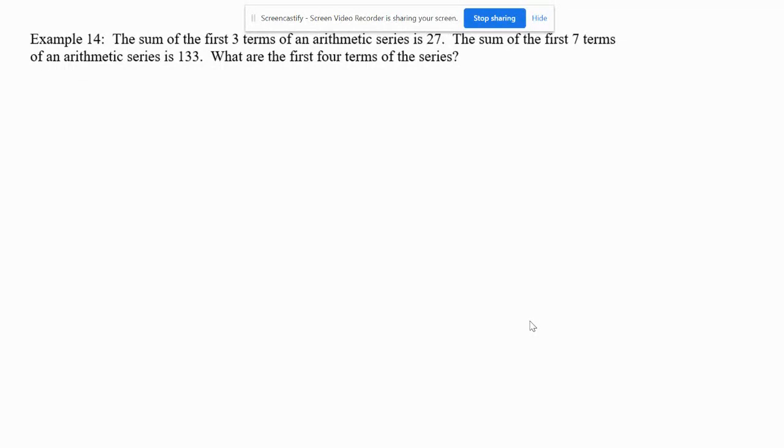Okay, so here's what we have over here. We have T1 plus T2 plus T3 equals 27. And then I have T1 plus T2 and so on.